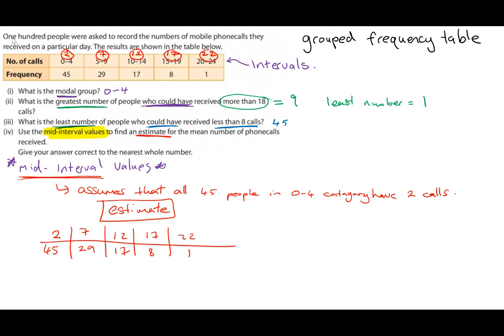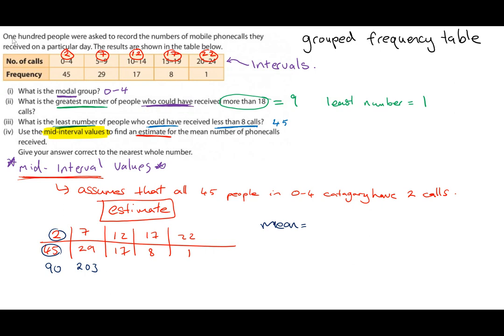So to get my mean, remember, we're assuming that all 45 of these people made 2 calls, so that's 90. All 29 of these people made 7 calls, so that would account for 203. If I add 29 up 7 times, I'll get 203.